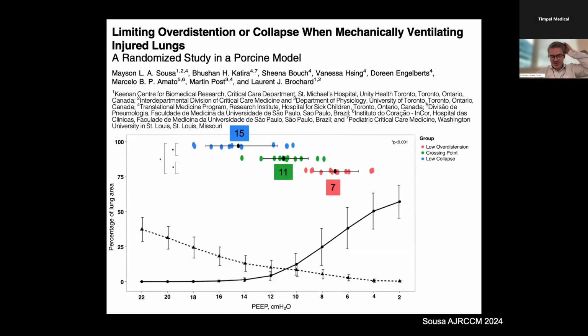So there was this question hanging. Which one is more important, collapse or overdistension? In the past, we paid much more attention to collapse because we were obsessed with oxygenation. So we thought that maybe the patient should be with lungs that are fully recruited.